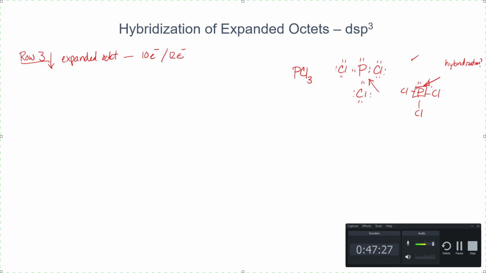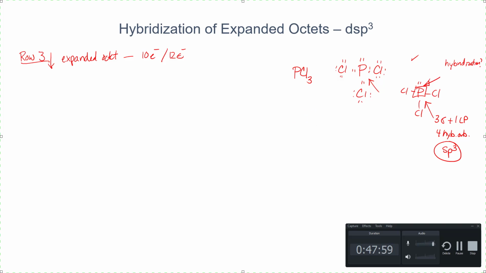Okay, if you said that the hybridization, because there are 3 sigma bonds and 1 lone pair, means there are 4 hybrid orbitals, that is sp3. So it's sp3 hybridized. Great. But what does that have to do with expanded octets?